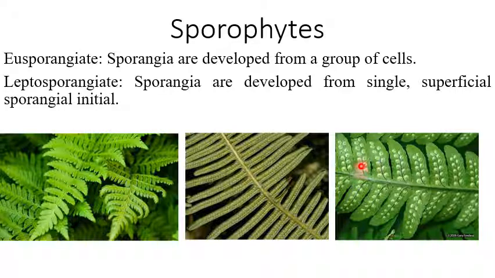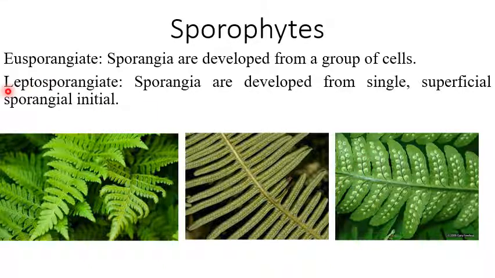So when this type of sporangia is developed from a group of cells, it means this individual sporangium is developed from different cells together. This single sporangium is contributed by many cells. Then that is called eusporangiate.